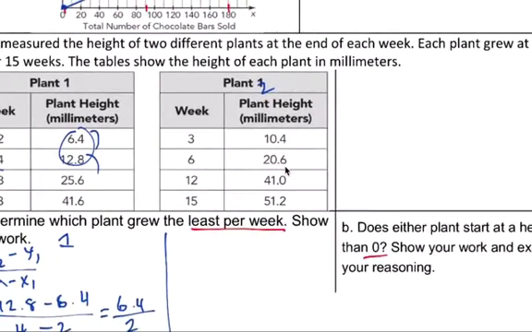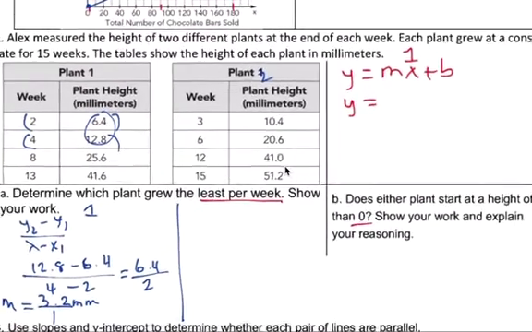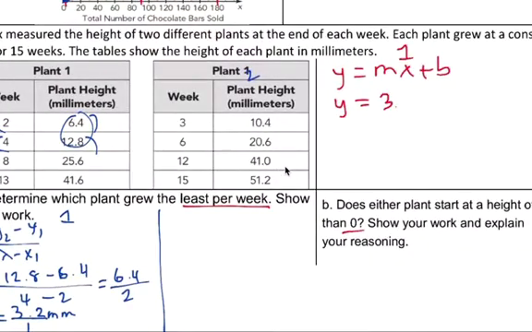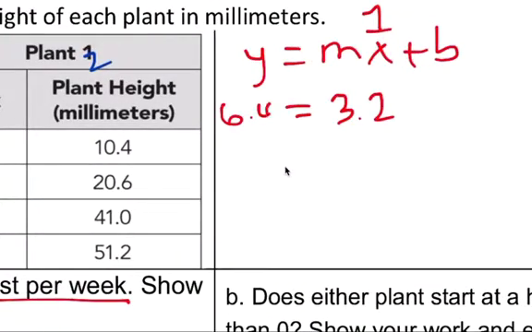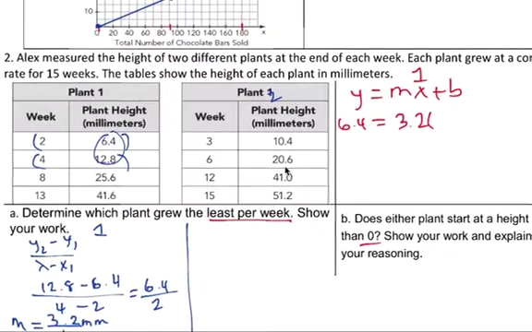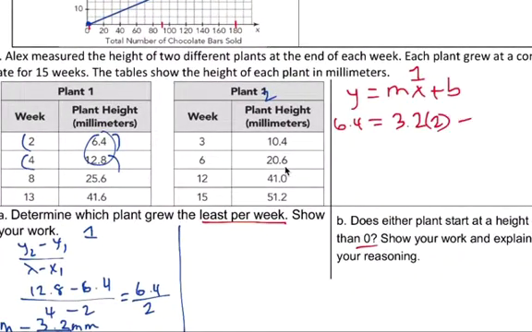So we'll use y equals mx plus b for plant number 1. y equals m, which is 3.2, and y I can change to 6.4, equals 3.2 times x, which is 2, plus b.